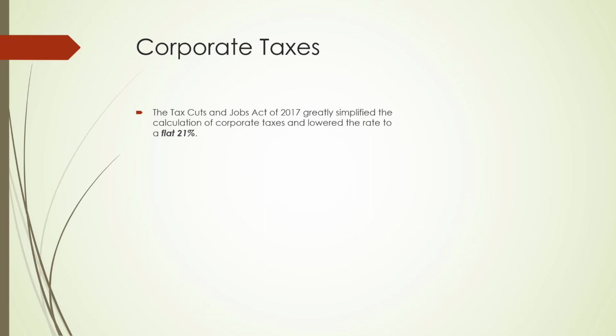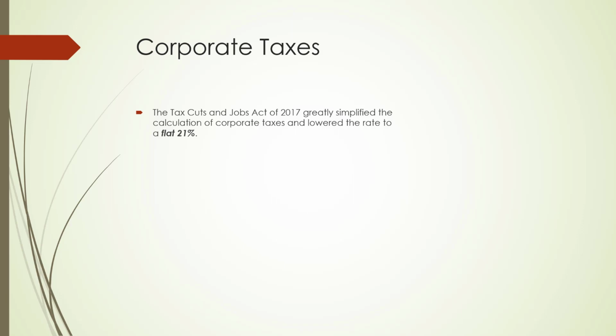Previously, we had a progressive tax system where the more you earn, the higher the rate you pay is. So by lowering the tax rate to 21% from about 35% for big firms, the government made investment much more profitable and therefore more likely to occur. They also simplified things quite a bit by making it a flat rate.